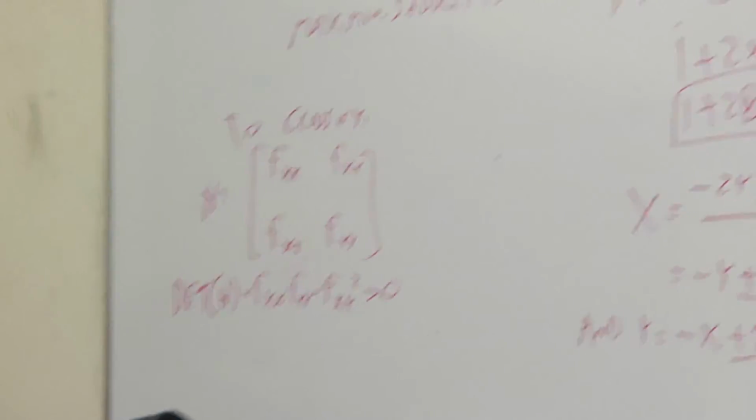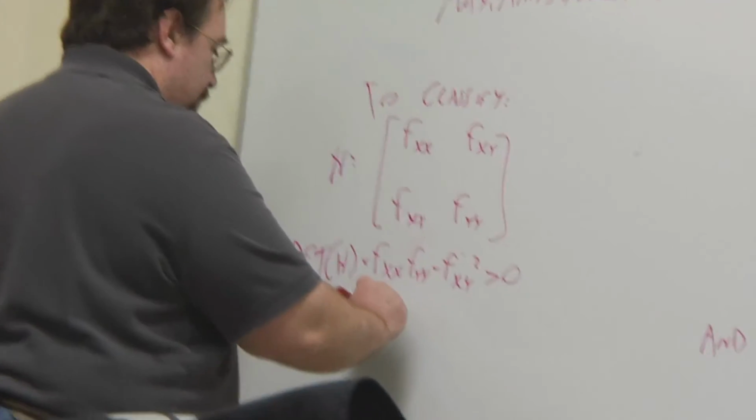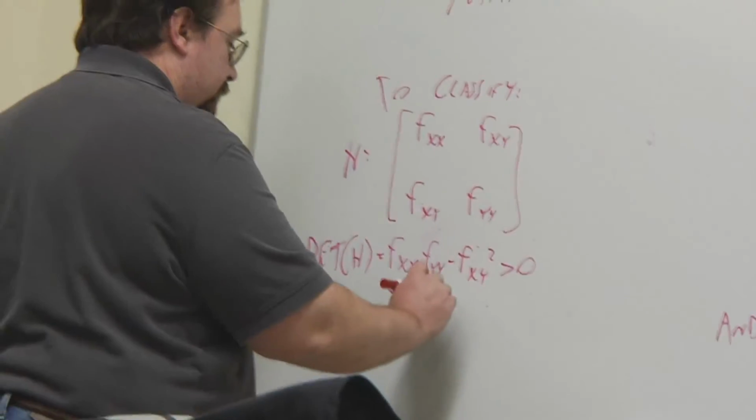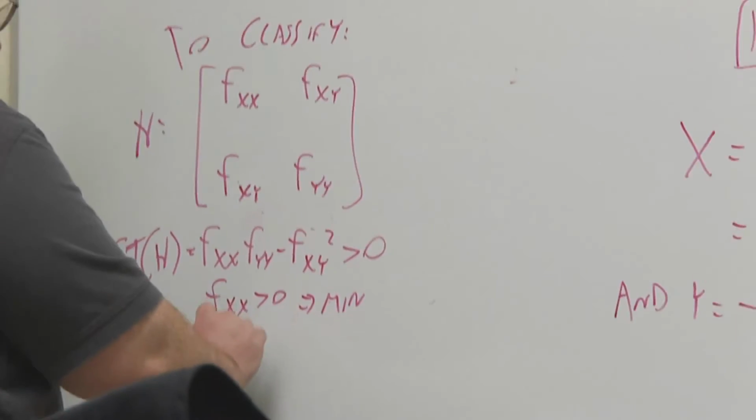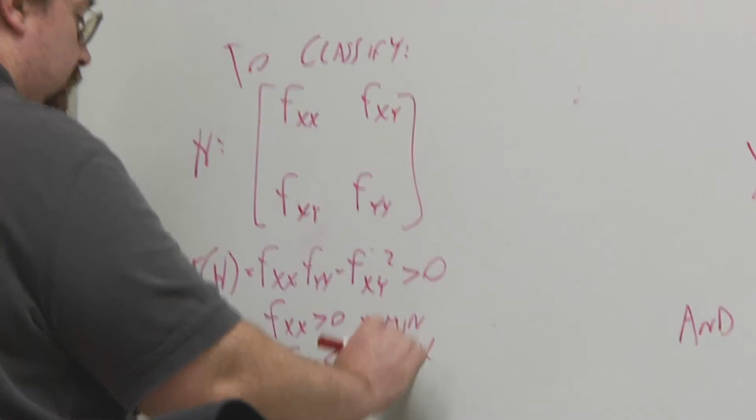then we have to look at this. If fxx is positive also, you have a min. If fxx is negative, it's a max.